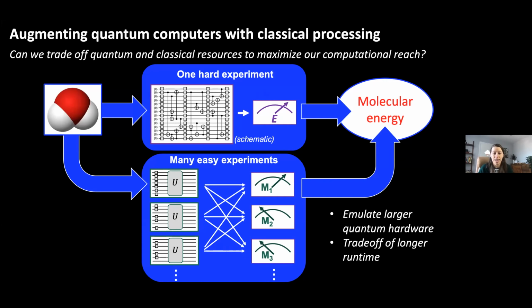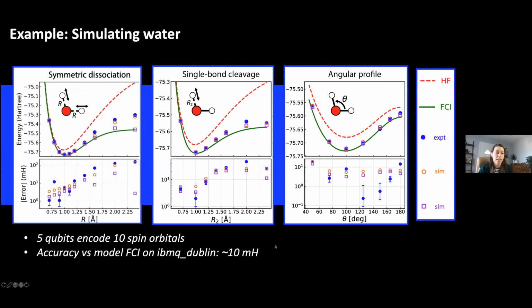We've been testing this on a water molecule where we've seen that we can encode 10 spin orbitals into 5 qubits. I'm not telling you yet how we've done that, but that's something to look out for. And we've simulated this molecule with a number of geometries, measuring the ground state energies with fairly high accuracy, around 10 millihartree.